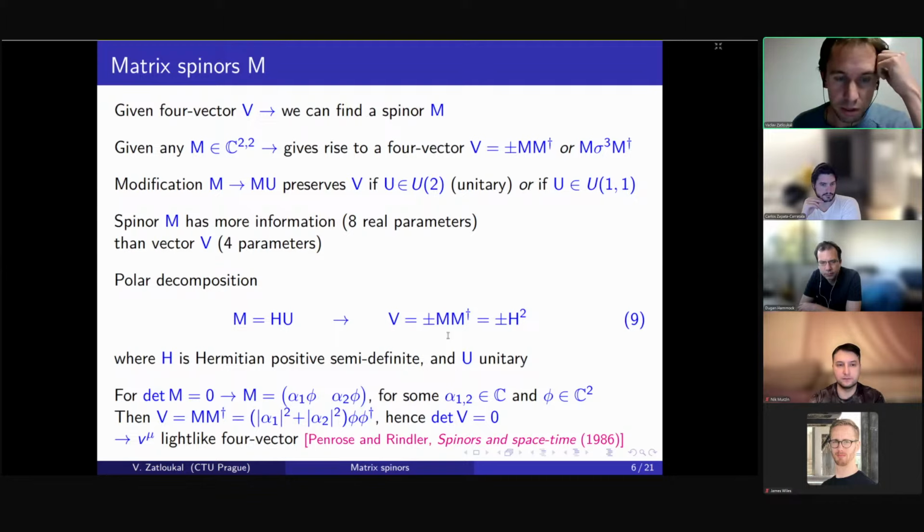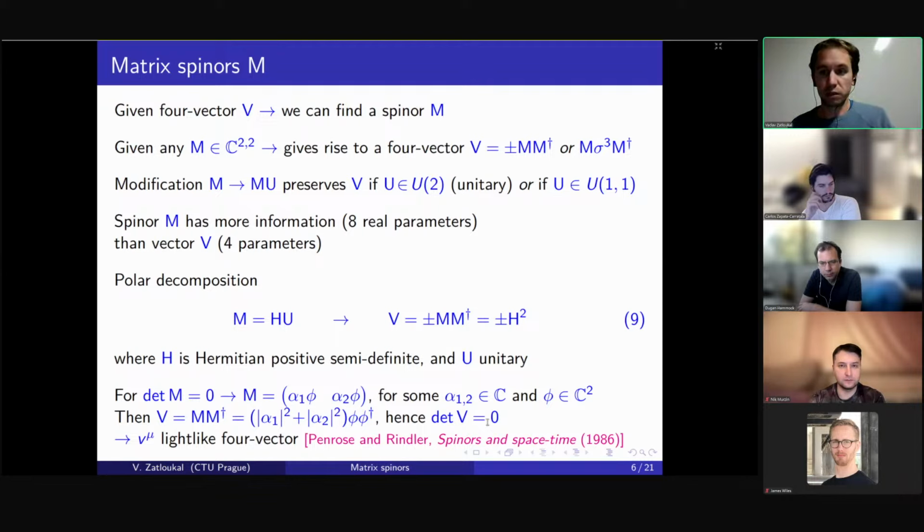As a note, if the determinant of M, the matrix spinor, is 0, this means that the two columns are linearly dependent. Then what we get for the vector V is the expression down here. The determinant of M is 0, and hence also the determinant of V is 0.